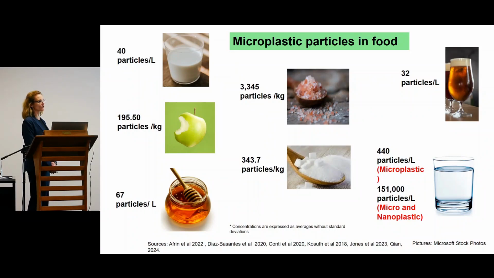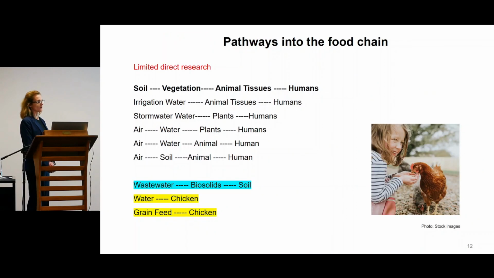So there is a lot of variation. The other thing to note about the studies in food is that they are mostly of packaged food, and no studies have really looked at direct sampling from the farm to understand how particles may be entering food on the farm.